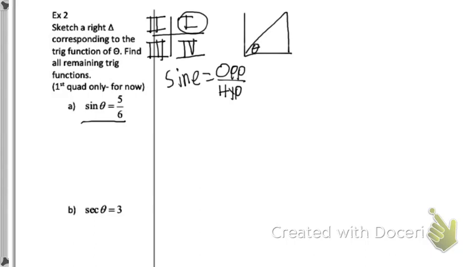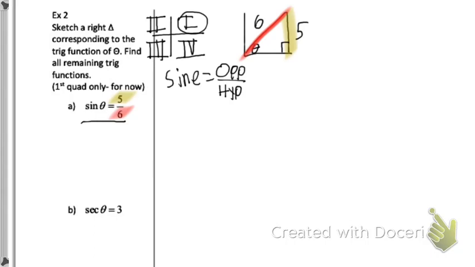This is the opposite, which is 5. And the hypotenuse is the side colored in red, which is this, because this is a 90-degree angle. So this side would be 5, and this side would be 6, because 5 is the opposite side of theta, and 6 is the hypotenuse, since it's the largest side.